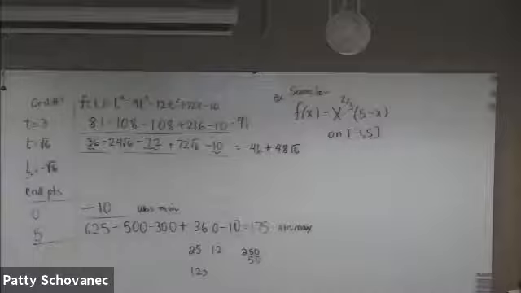Should get two critical numbers. One of the critical numbers is an endpoint.